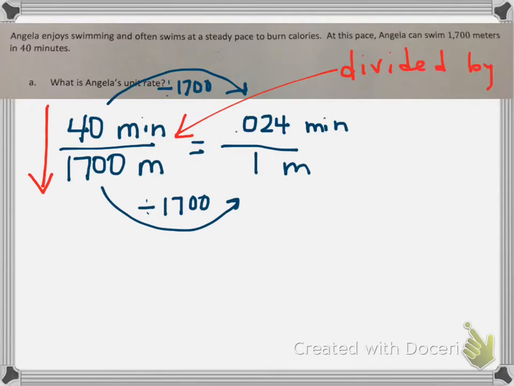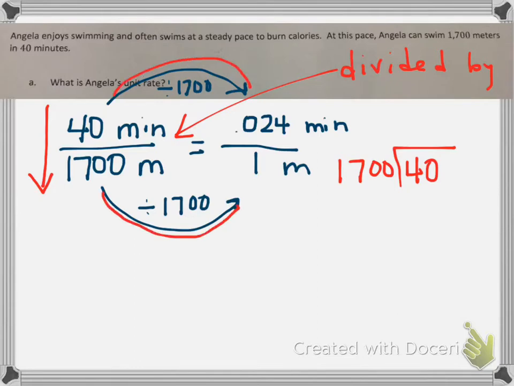So it's 40 divided by 1,700. So we can actually use long division, 40 divided by 1,700, to go ahead and find out what the unit rate is. And that's really all that's happened here when we were talking about equivalent ratios. We just divided by whatever this denominator was so that we could change it into a 1.